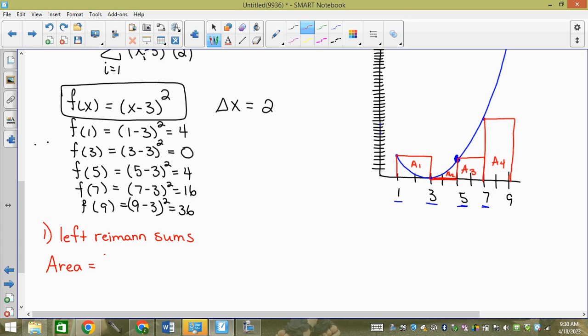Okay? So if I want to do left, what's my width? 2. Is that ever changing? No. What's my length? I'm doing area 1. It's 4, because we're going to use this one, this one, this one, and this one.